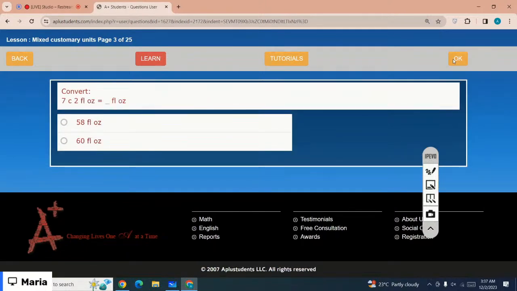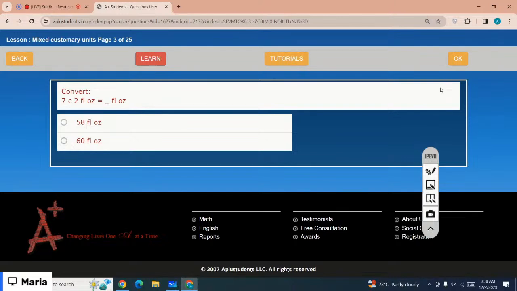Okay, the next one is you have to convert from cups to fluid ounces. 1 cup equals 8 fluid ounces, right?